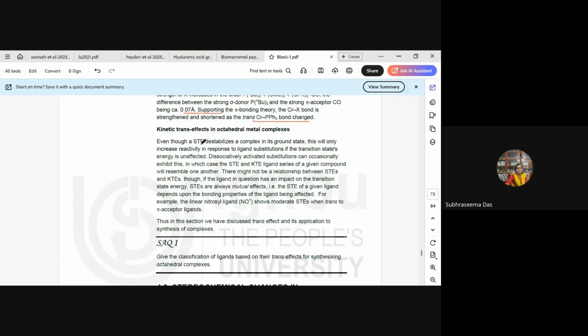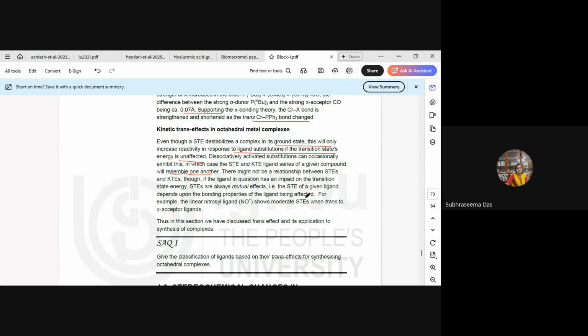Then coming to the kinetic trans effects in octahedral metal complexes. Even though an STE destabilizes a complex in its ground state, this will only increase the reactivity in response to ligand substitution if the transition state's energy is unaffected. Dissociatively activated substitution can occasionally exhibit this, in which the STE and KTE ligand series of a given compound will resemble one another.